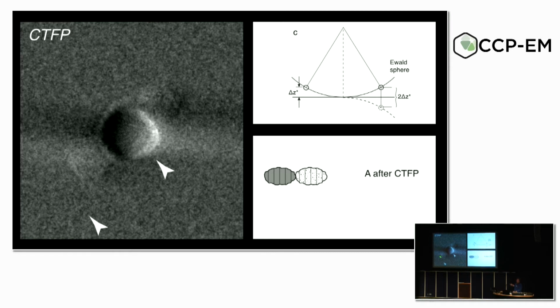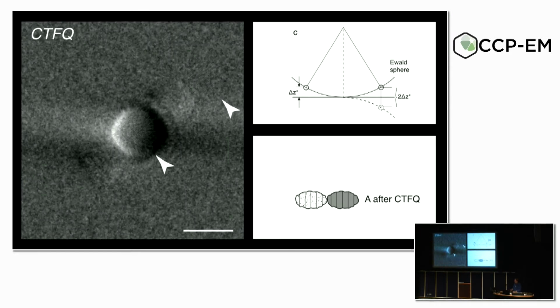We want to keep this too. So you just do it twice. So now you do CTF-Q to take the information that used to be here, fold it over and put it correctly on the particle, and that throws away this sideband. And now you can mask this off, and you can put it in the correct place in Fourier space according to the curvature of the Ewald sphere for that diffracted beam.